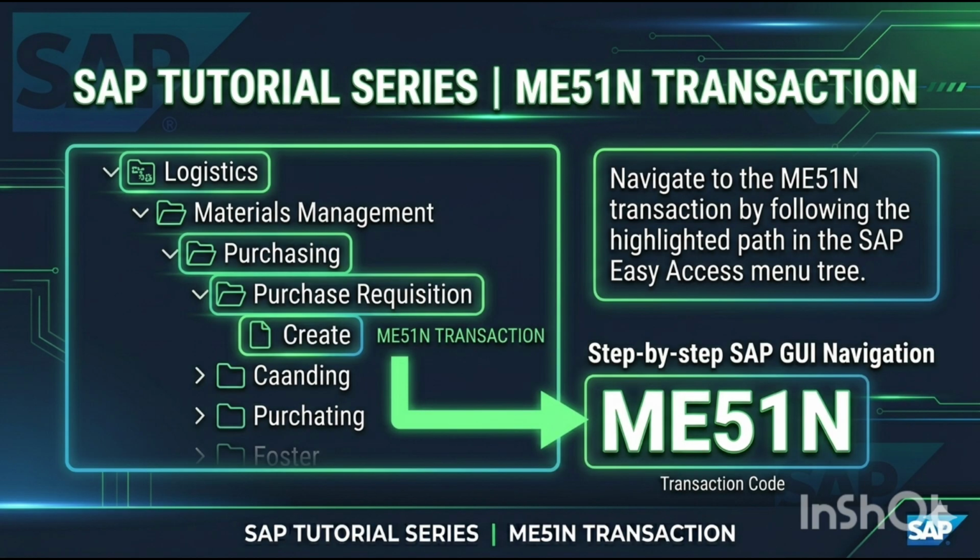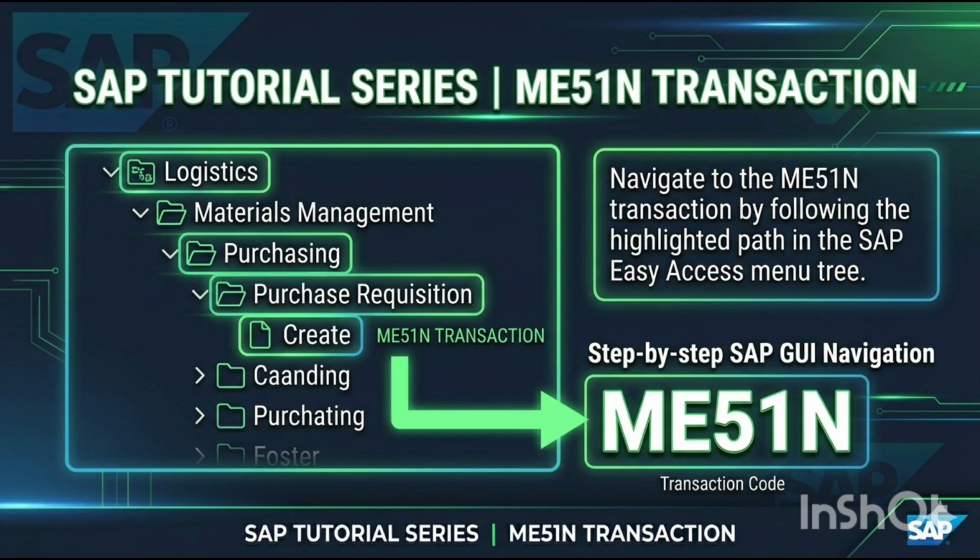So now we are moving to navigation to the ME51N transaction. To start creating a purchase requisition, you need to log into your SAP system. Once in the SAP Easy Access menu, you can either follow the menu path, that is Logistics, then Materials Management, then Purchasing, then Purchase Requisition, and then Create.